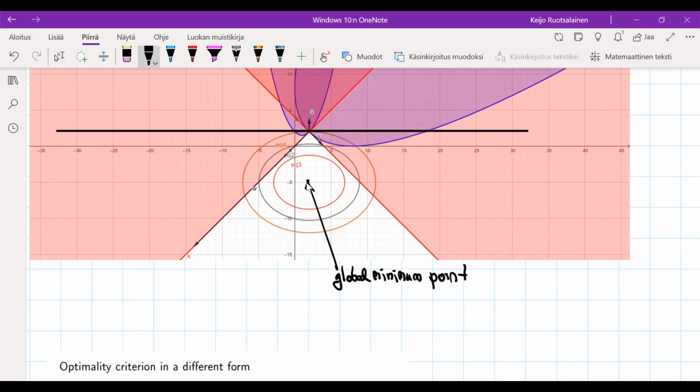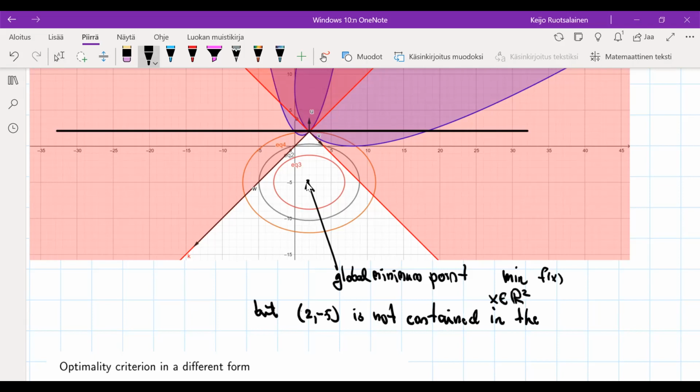So it minimizes our cost function in R2. But this 2, -5 is not contained in the constraint set. So we have to look for a minimum in the constraint set.